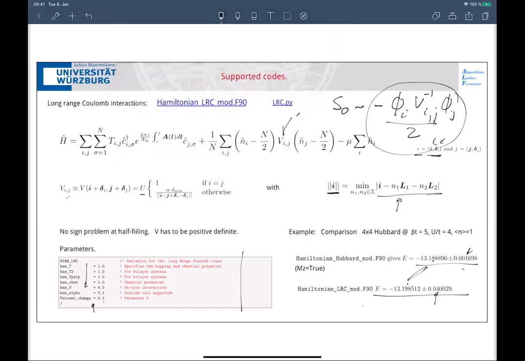We can modify the code within, as I said, an hour to be able to read this as an input. And then you can try your stuff, try different interactions. This has to be positive definite, otherwise the code will stop. It also tests if it's positive definite; if it's not positive definite, it just stops.